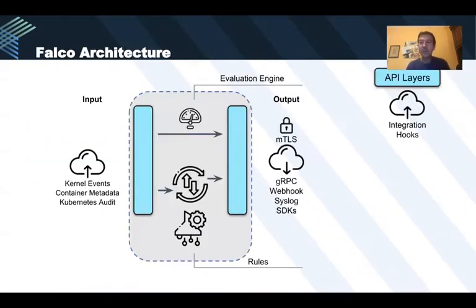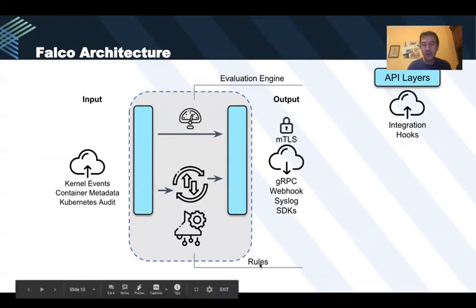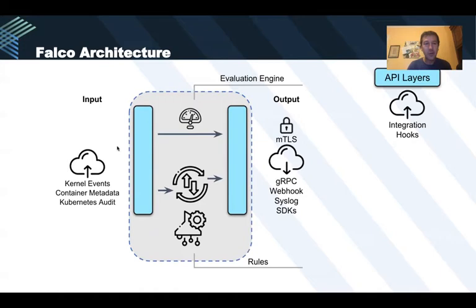Architecturally, Falco is conceptually relatively simple. You have rules, you have an evaluation engine, you have input that is coming from a certain number of sources. As I was saying, kernel events, for example, system calls.